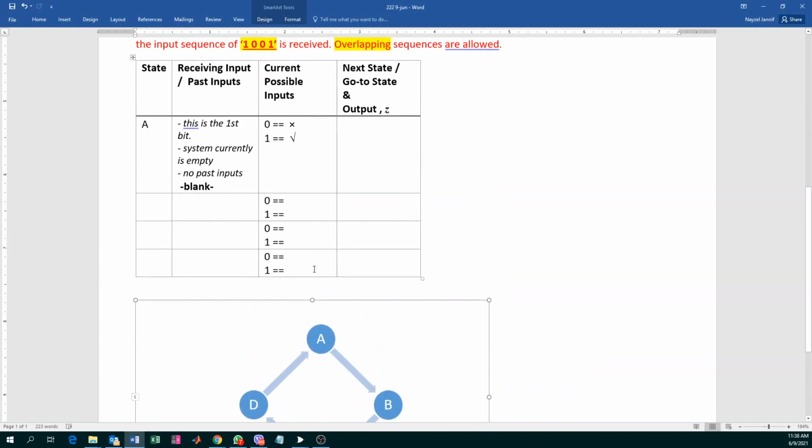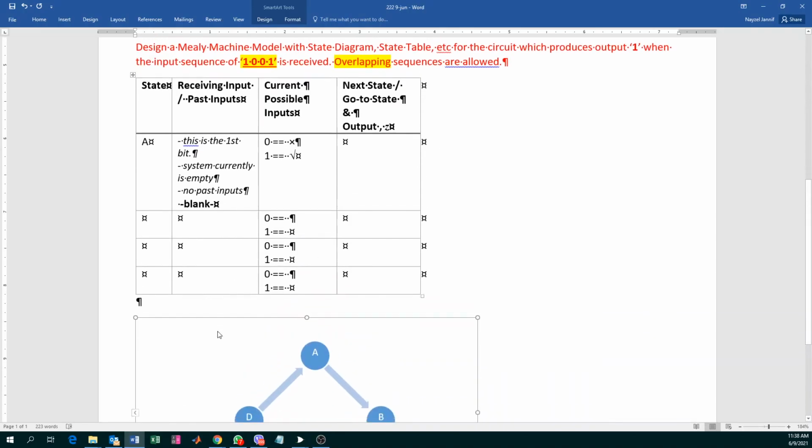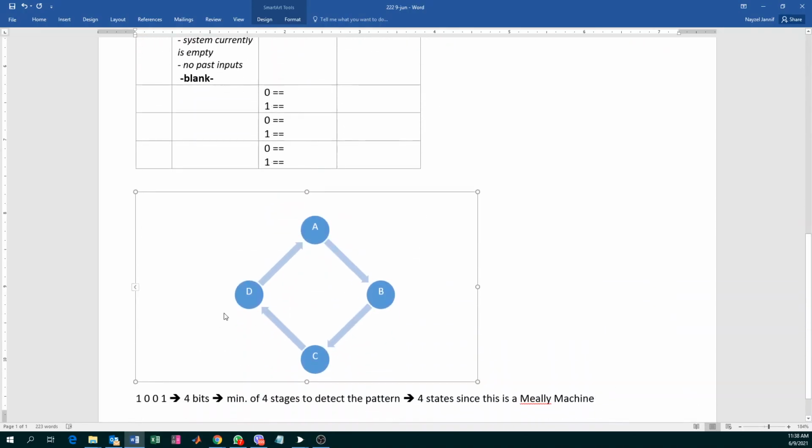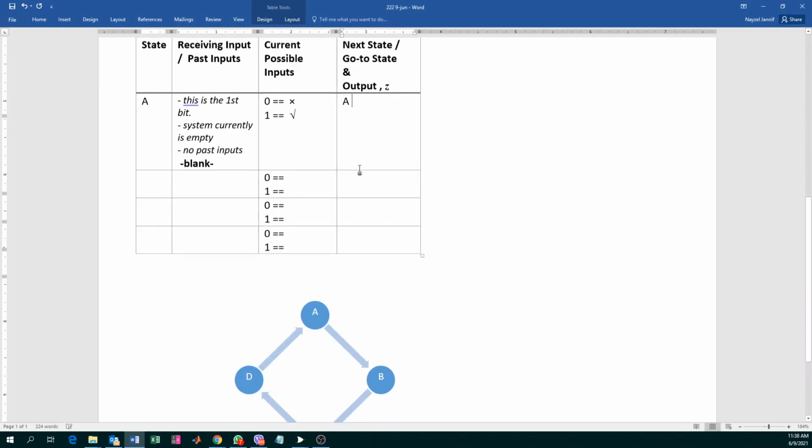We were on state A, right? And where do we go to? If your possible input is 0, you see there's a cross, so we stay at A. So this line follows to that line.